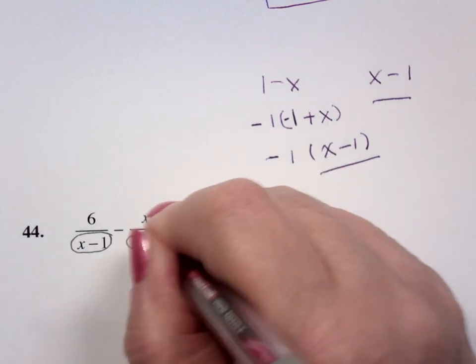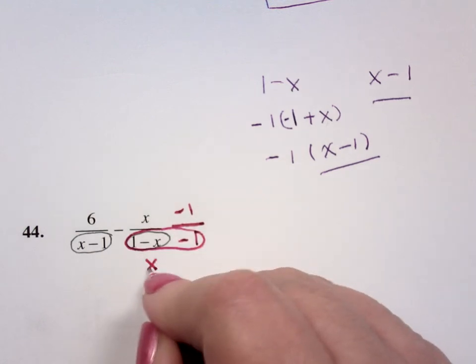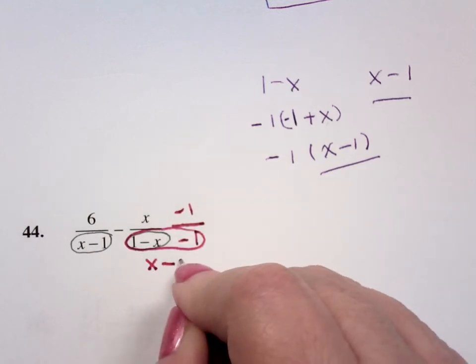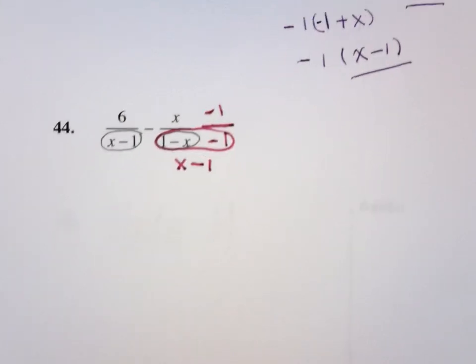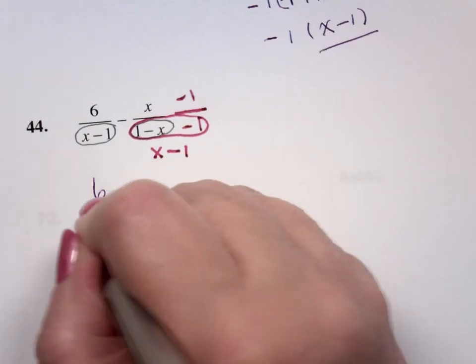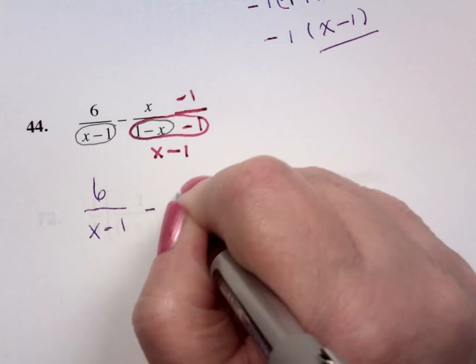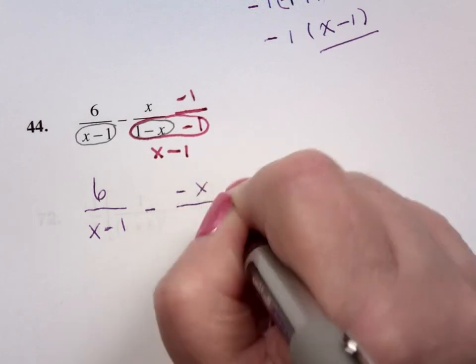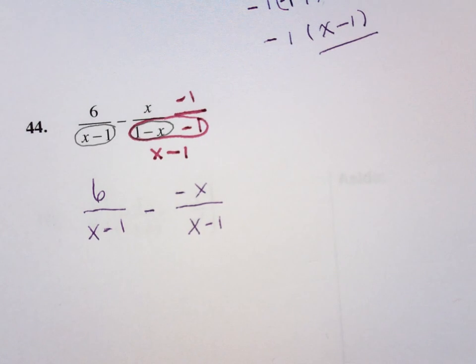What this minus 1 does is it makes this guy an x minus 1. So what you're going to end up with is a 6 over x minus 1 minus a minus x over x minus 1. That's typical.